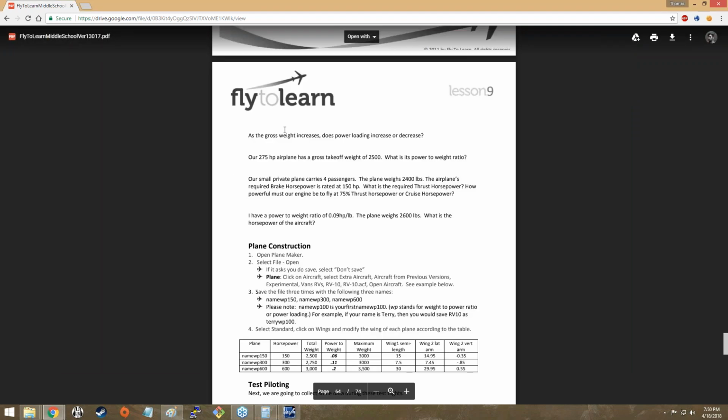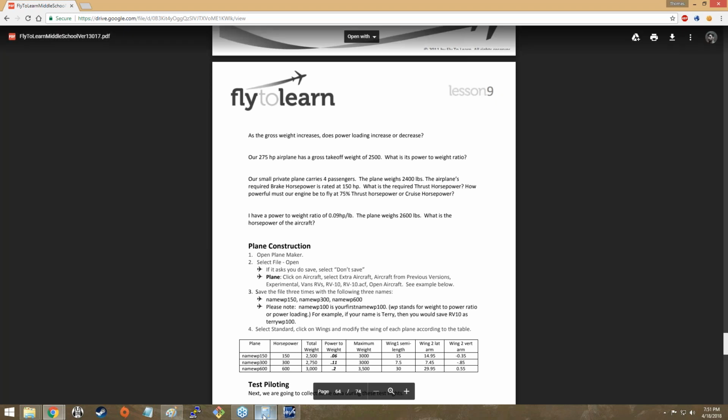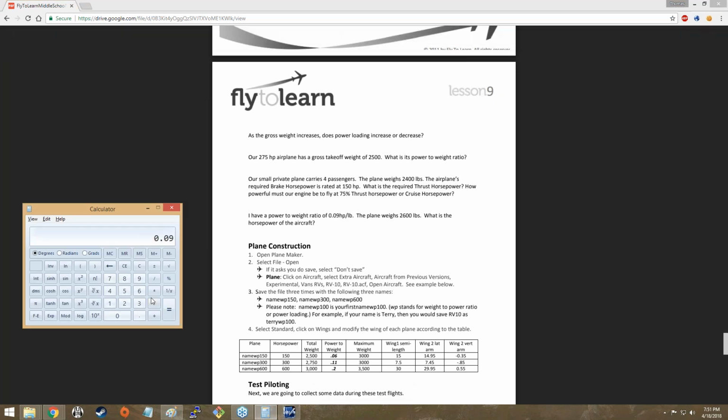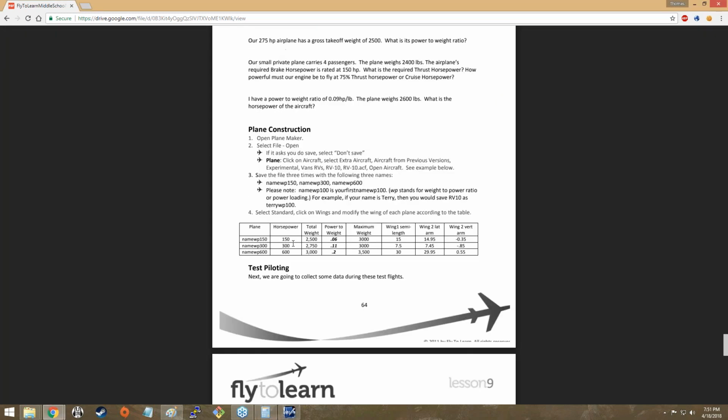So if we multiply 0.09 times 2,600, we get 234. That would be the horsepower of the aircraft, 234 horsepower.